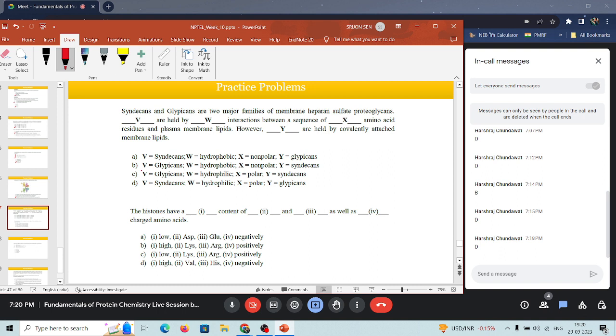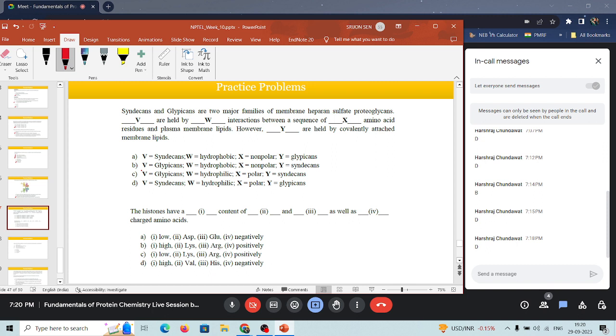Syndecans and glypicans are two major families of membrane heparan sulfate proteoglycans. So syndecans or glypicans are held by hydrophobic or hydrophilic interactions between a sequence of polar or non-polar amino acids and plasma membrane lipids.